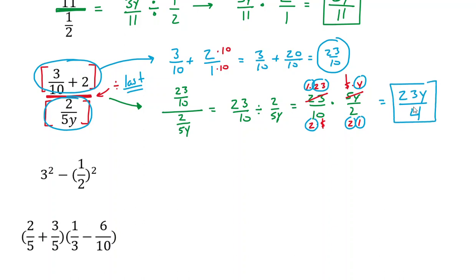And that is our answer to this, what looked like, okay, not going to lie, it looked complex. It is a complex fraction because it has fractions in the numerator and the denominator, but it wasn't that hard. Now, we are at a stage in life where we need to recognize a fundamental truth about algebra and about mathematics, and that is this.